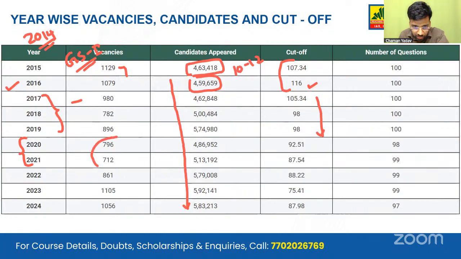And you note that the number of vacancies had reduced drastically. We can say around 300 vacancies were fewer in 2020 and 2021 as compared to 2015-16. Might be because of the COVID crisis, and there was another thing, the Indian Railway Management Service.